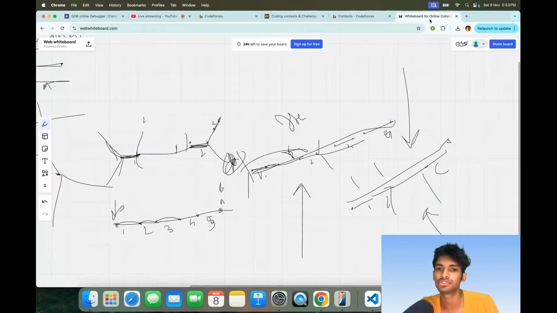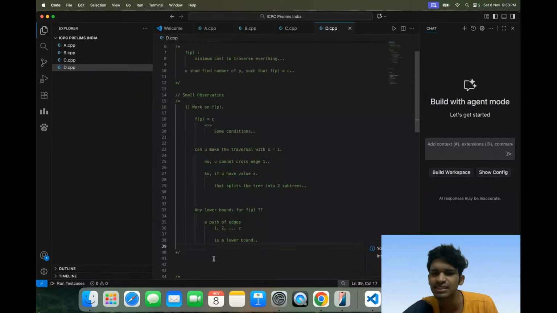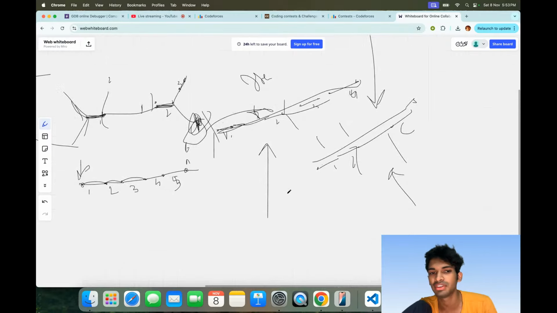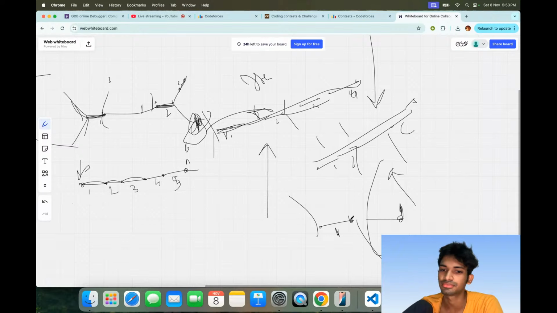So now I have to think, is this the lower bound? What if 1 is not here? What if 1 is somewhere else? Let's say the initial node 1 is here.